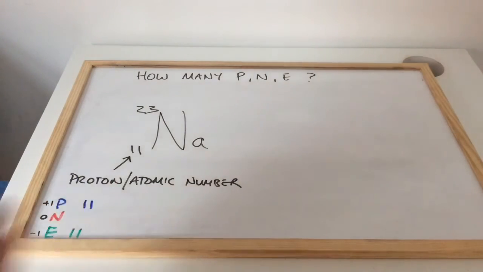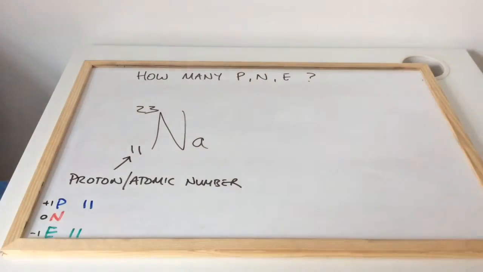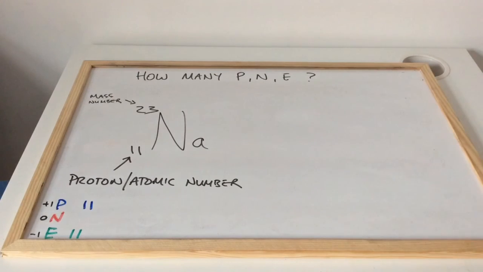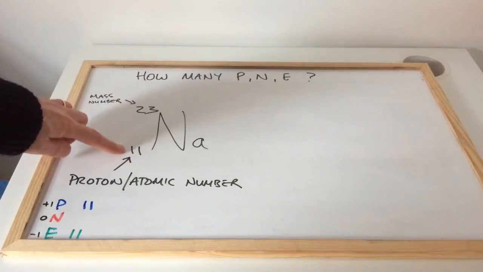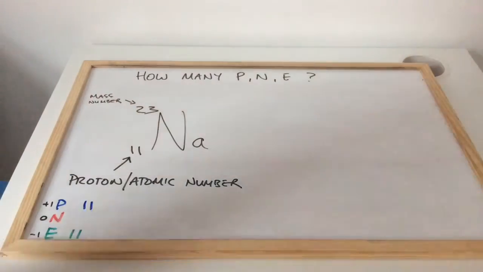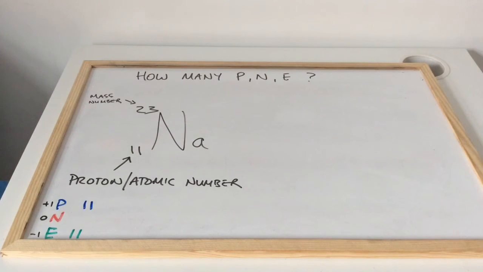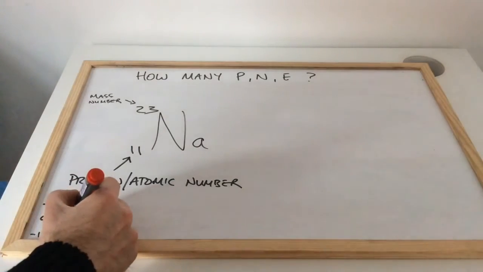So this 11 is telling us how many protons and how many electrons sodium has. You can see I've labelled up the other number there. The 23 in the case of sodium is what we call its mass number. And we can find out very easily the number of neutrons by subtracting the proton number from the mass number. So atoms of sodium have got 12 neutrons.